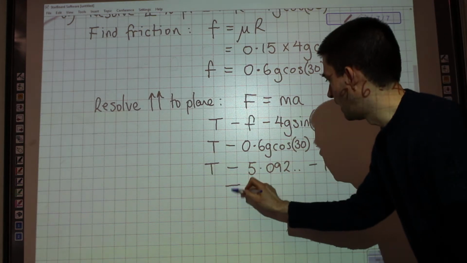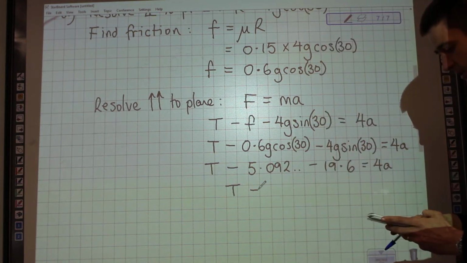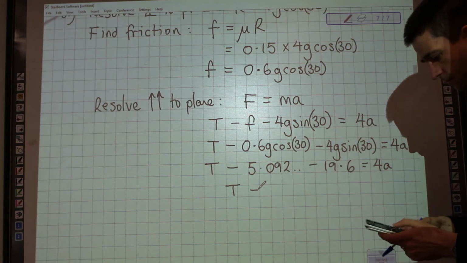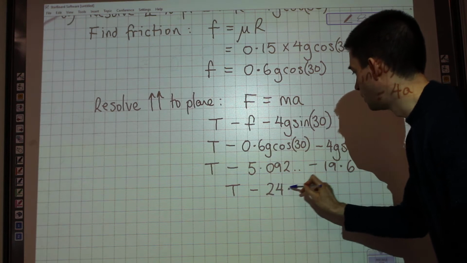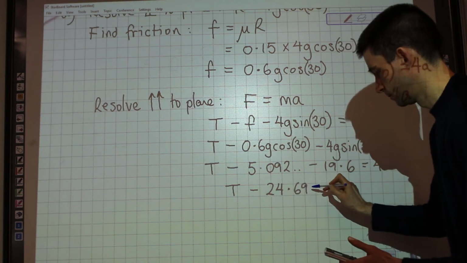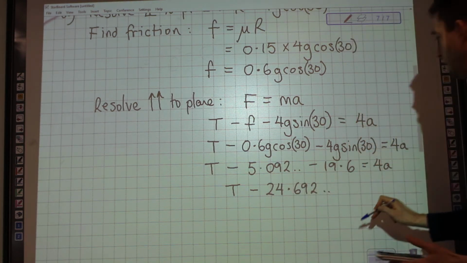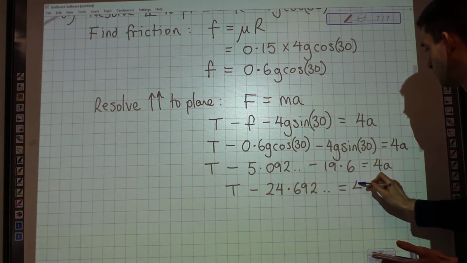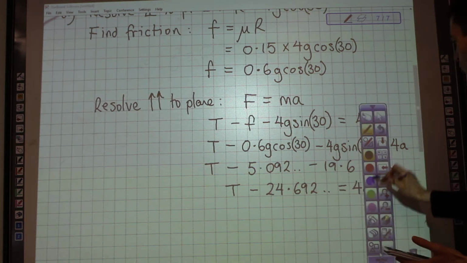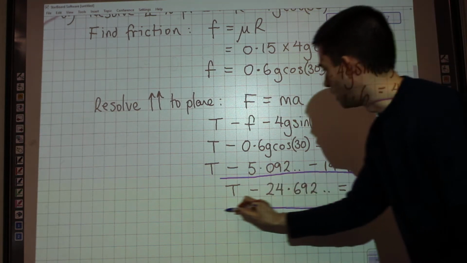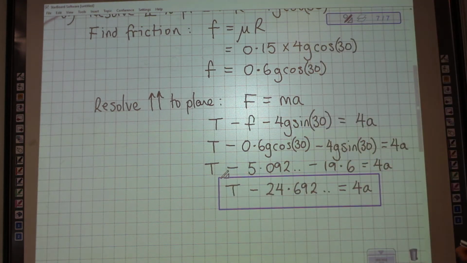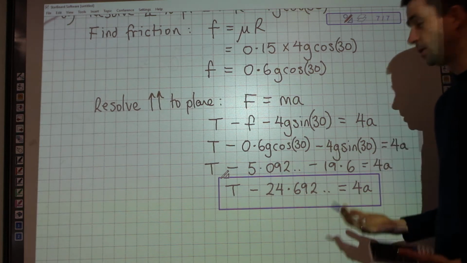So overall what I have is T minus 24.692, etc. equals 4a. I'm going to draw a big blue box around that because that is my equation 1 that I'm going to use to solve simultaneously later on.